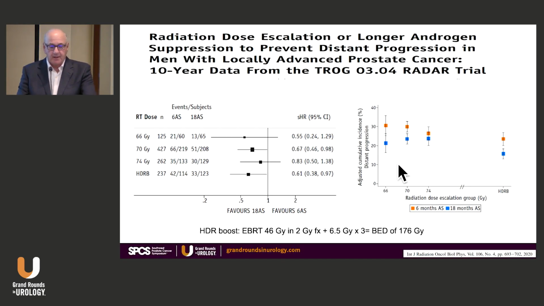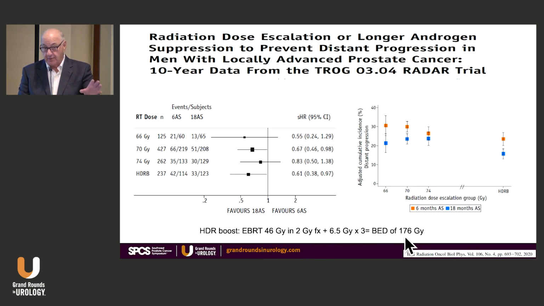Here's some data, several studies, one that includes HDR, so that was the highest dose. The left side of the forest plot favors longer-term hormonal therapy, 18 months versus 6 months on the right. And here is the radiation dose escalation. So even when you get up to HDR, and here's the HDR schedule, it was a combination with external beam and 2 fractions at 6.5 times 3, which has a BED of 176.